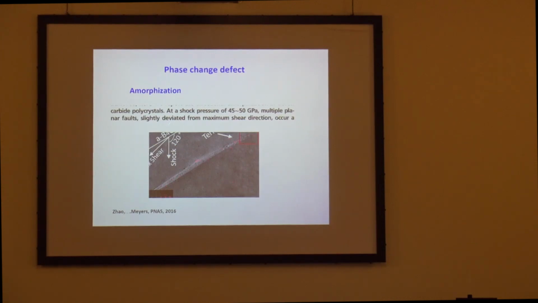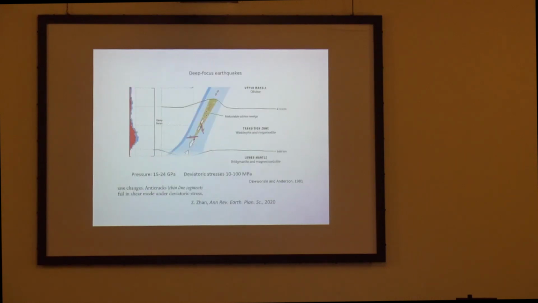You see that the shape is a flattened ellipsoid in these experiments, and there are very many experiments that obtain this defect. Such a defect also describes the deep earthquakes that occur due to a phase transformation in the mantle transition zone.